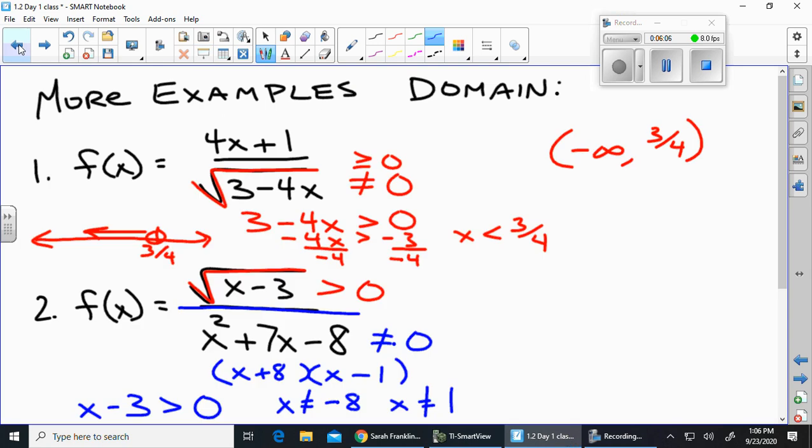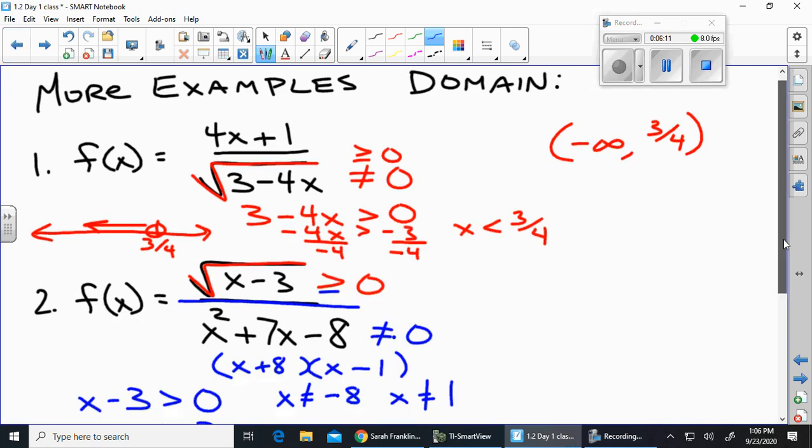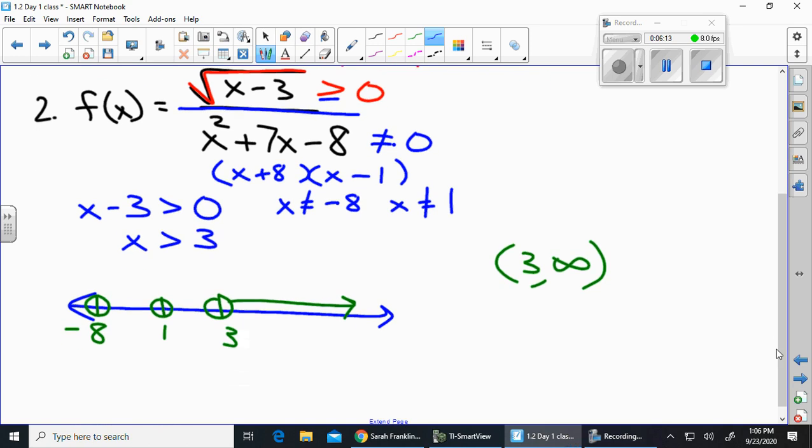Actually, if I go back to this one, I don't know why I did that. It's greater than or equal to 0 because it's on the top. So I should have had greater than or equal to 3, and that would have been a bracket. It's only greater than 0 if the radical is in the denominator.